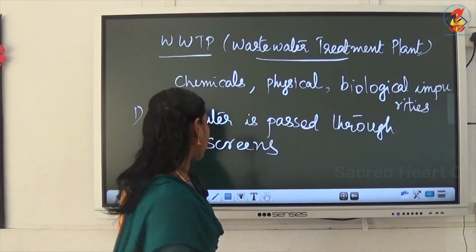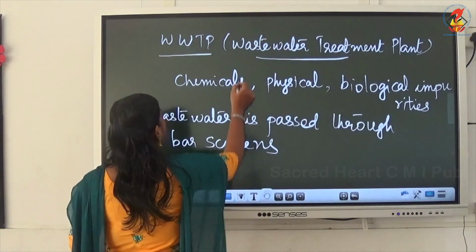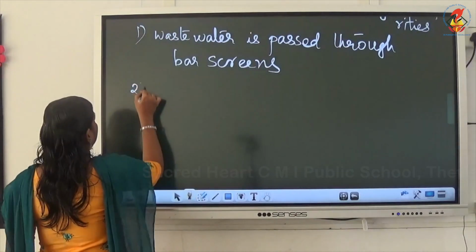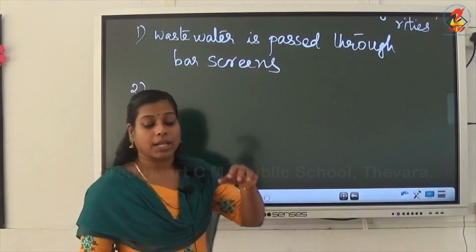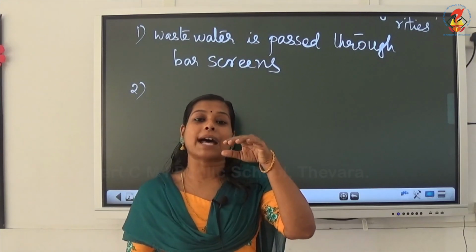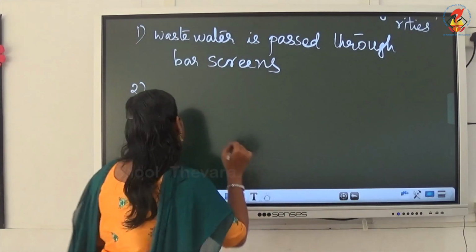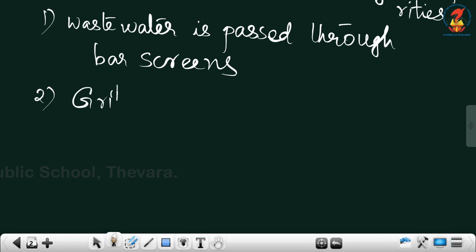Now let us see what happens to the wastewater in the second stage. In the second stage, the wastewater is passed through a grit and sand removal tank.